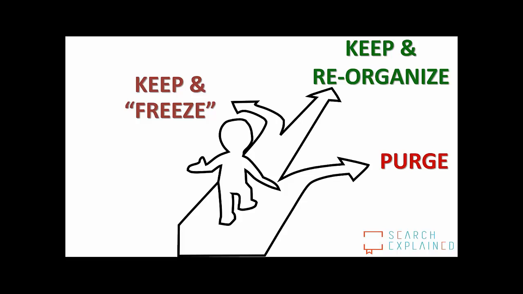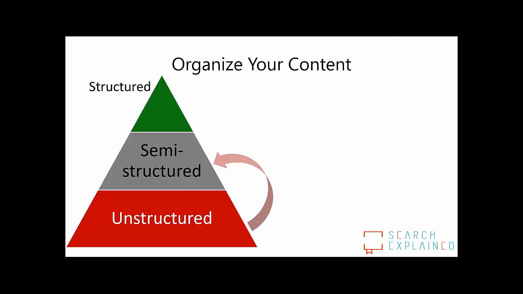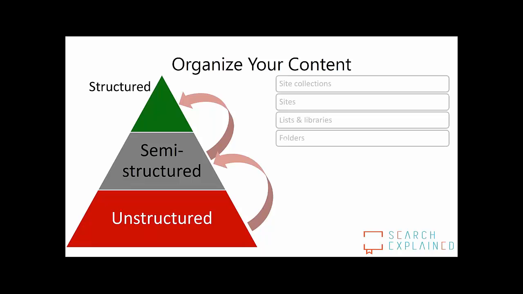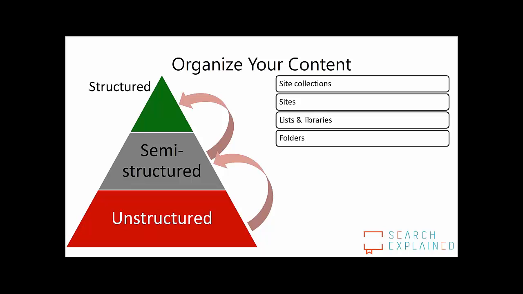And this reorganization will provide more and better structure, and actually this is the goal of all this reorganization. When I talk about reorganization, I mean deciding how to create site collections, sites, lists and libraries, and also folders.